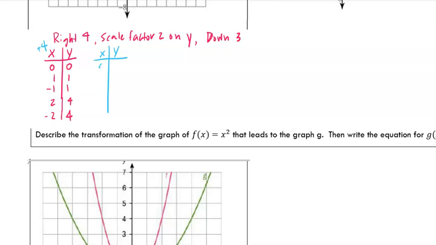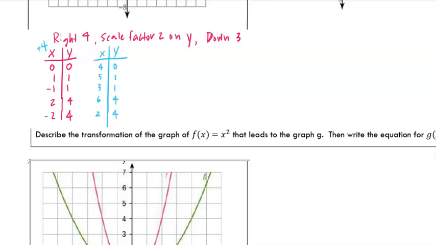So I'm going to get a 4, 0, and a 5, 1, and a 3, 1, and a 6, 4, and a 2, 4.